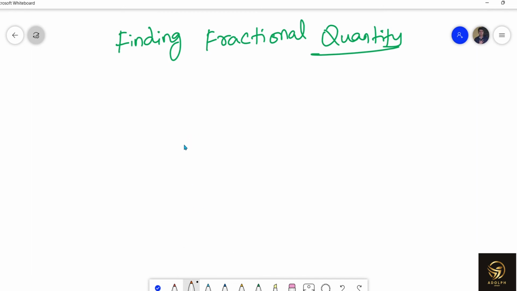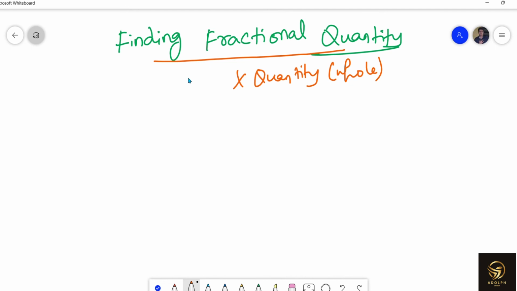So finding a fractional quantity is the same as multiplying the whole quantity by the fraction.